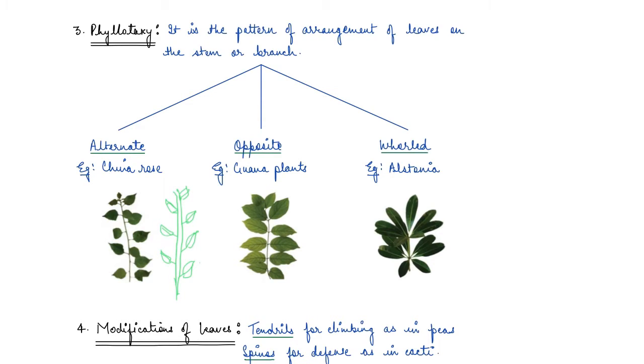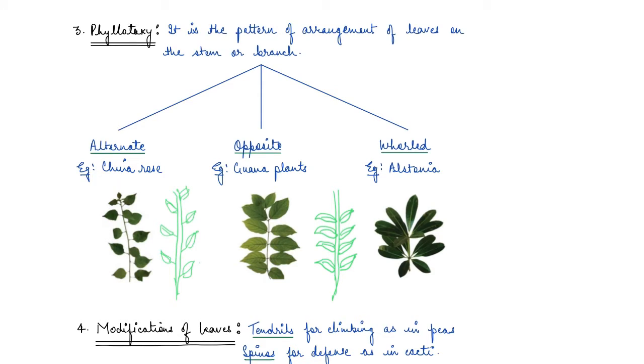Opposite means exactly opposite. If I draw this, say this is the stem, this is the leaf on the right hand side, and exactly opposite is the leaf on the left hand side. This is opposite arrangement of leaves, as in the case of a guava plant.